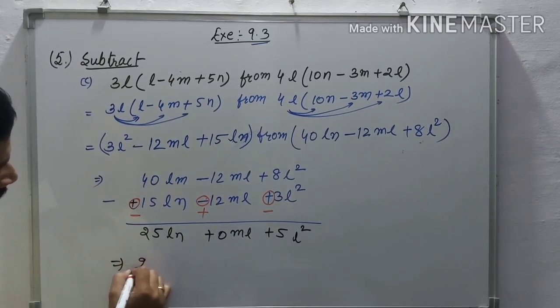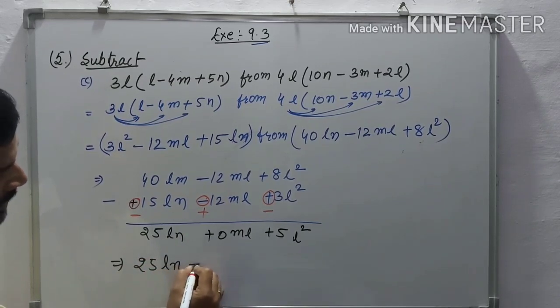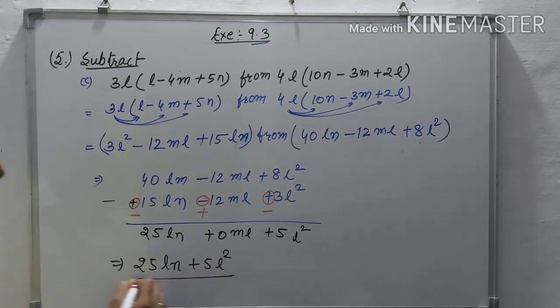So your answer is 25 ln plus 5 l square.